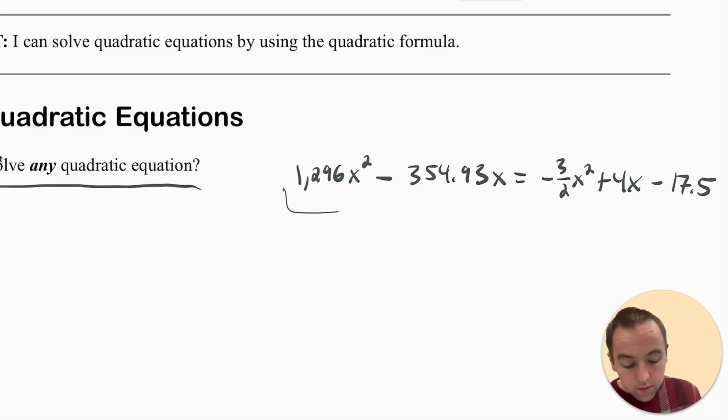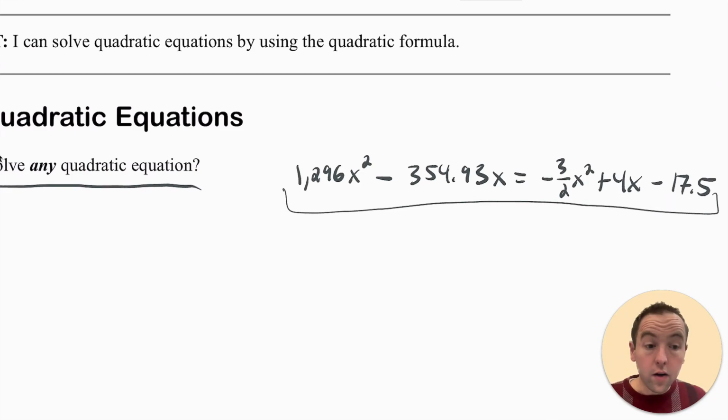With this equation and with any other quadratic equation, one thing that we would always be able to do is cancel out terms on one side of the equation so that we collect all of our terms onto the other side and therefore get a 0 on one side.